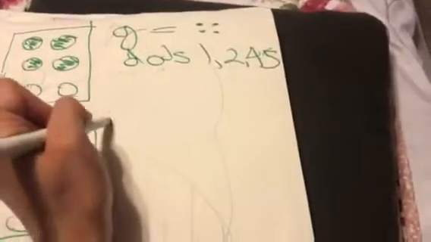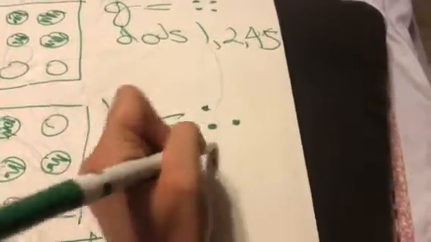H is going to equal 1, 2, 5. So 1, 2, 5, and I'll write it here as well, just as a reference. 1, 2, 5. And I apologize for marking this one. Do not mark that. That's incorrect.